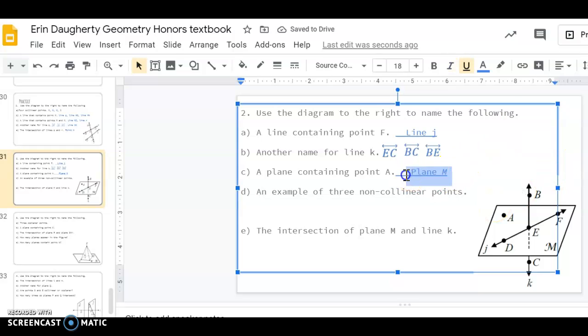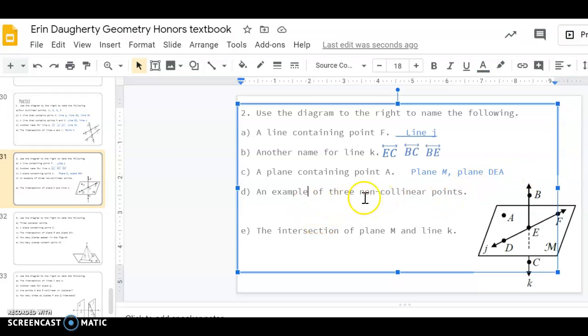And I'm not loving this underlining bit right here, so I'm going to take that out. And another way that I can identify this figure is if it's a plane, I can name it with 3 points. So I could say plane, and then if I'm using points, I can say D, E, A, but they need to make sure you're not on the same line when you're naming a plane.